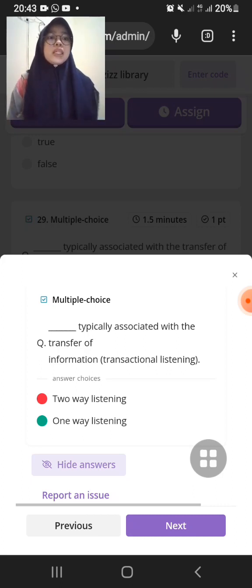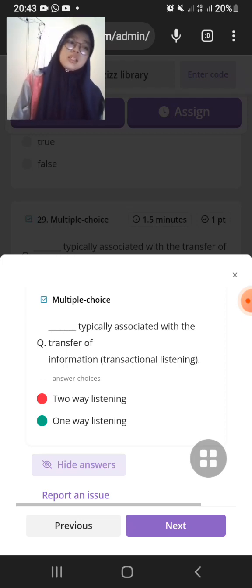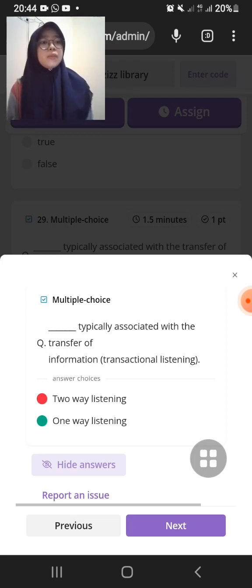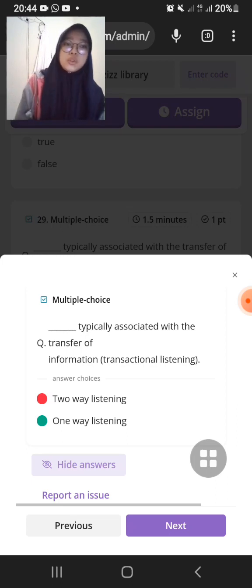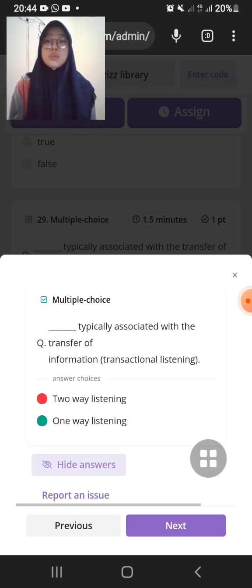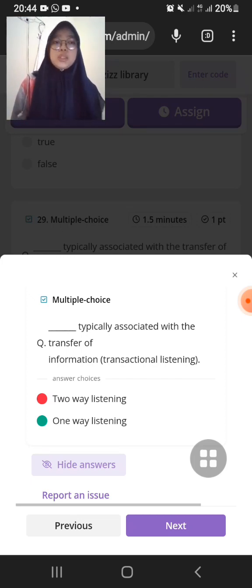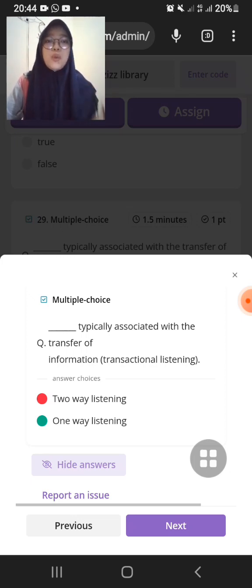Because one-way listening is a physical linguistic process in which the listener receives, interprets, and reacts to the source of the oral input, but does not respond communicatively. The listener is engaged in listening, but does not interact with the speaker, such as asking for clarification, an answer, slower speech, or repetition.